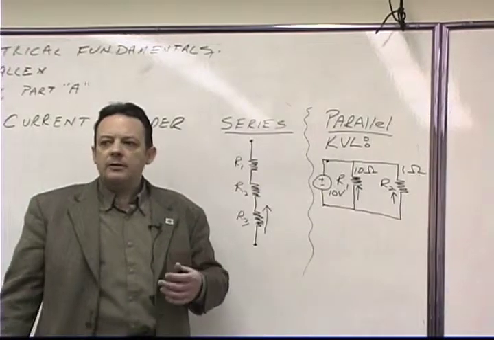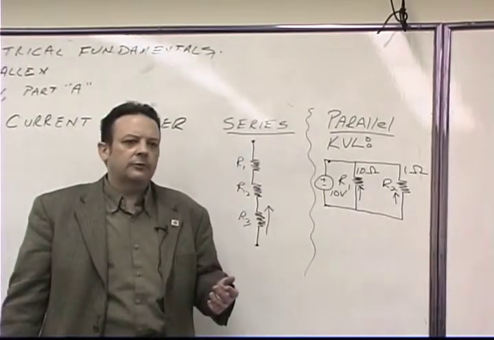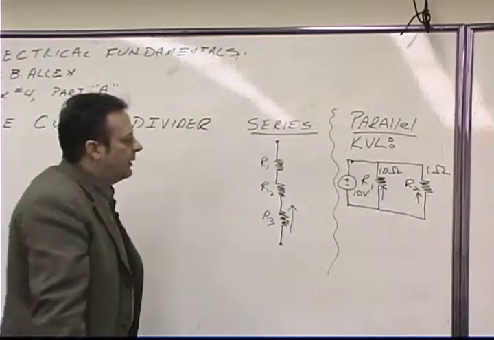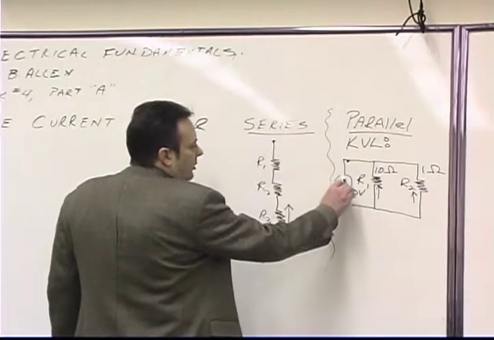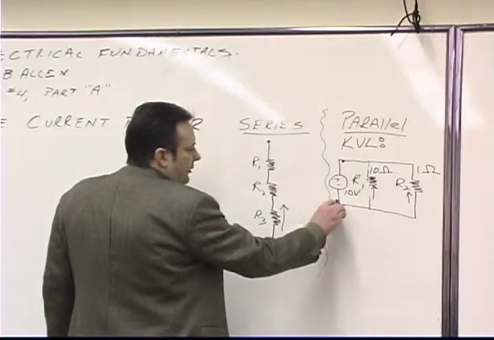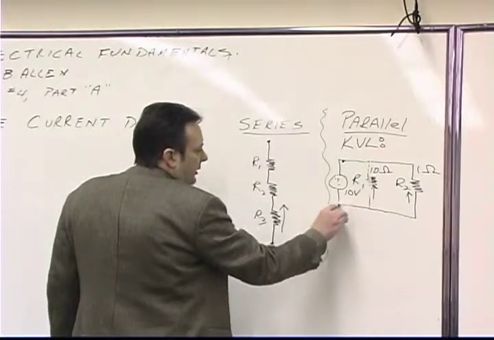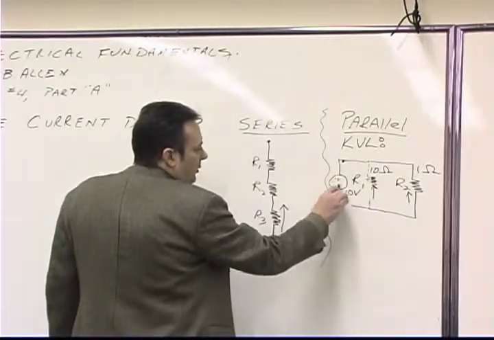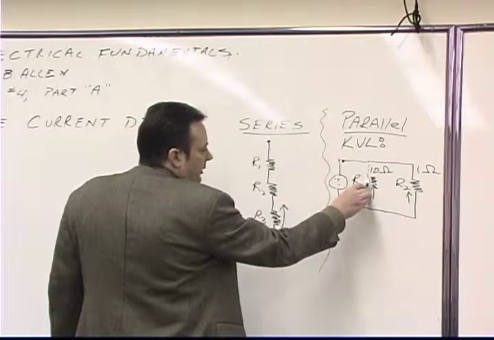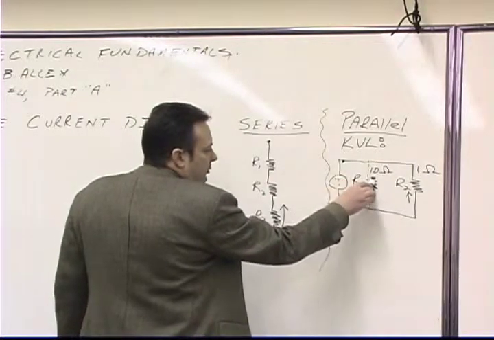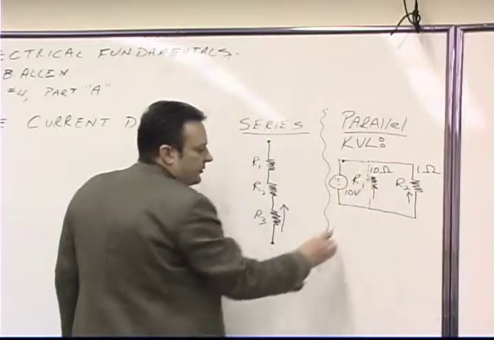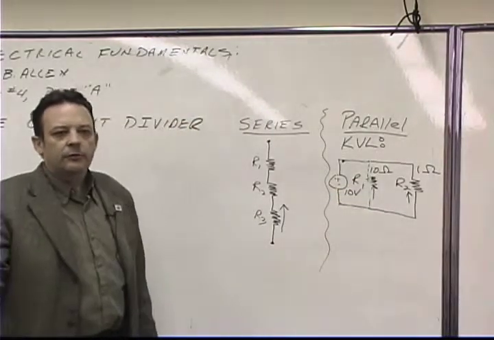The more practical way to apply Kirchhoff's voltage law is to identify a closed loop. Would it be fair to say this is a closed loop? Sure, this is a closed loop right here. Since there's only two things in the closed loop, this voltage would have to be equal to this voltage. So that's how we apply Kirchhoff's voltage law.